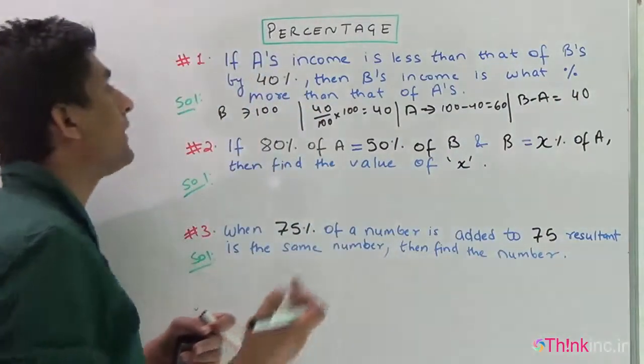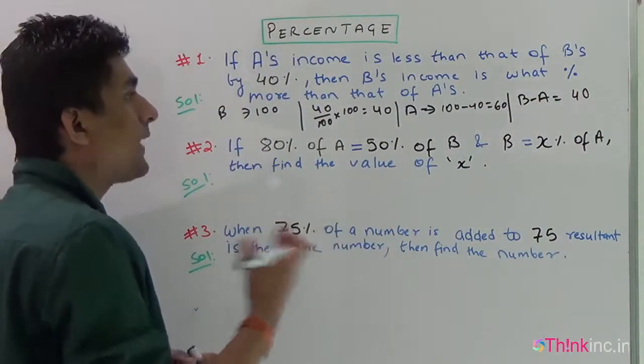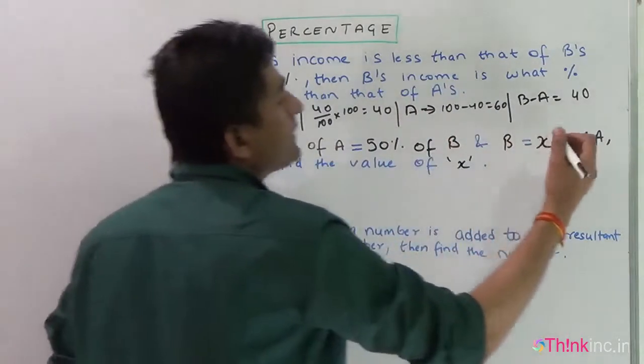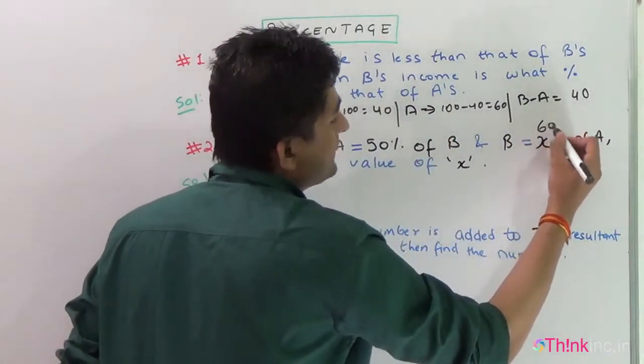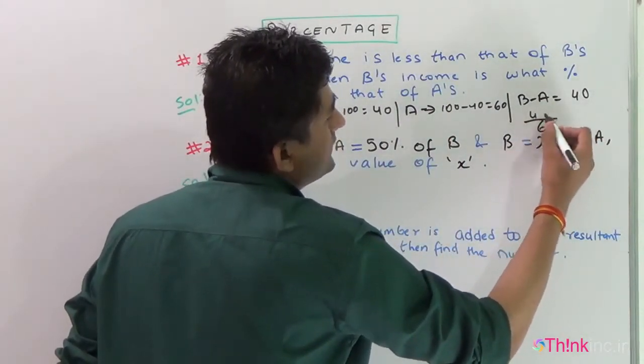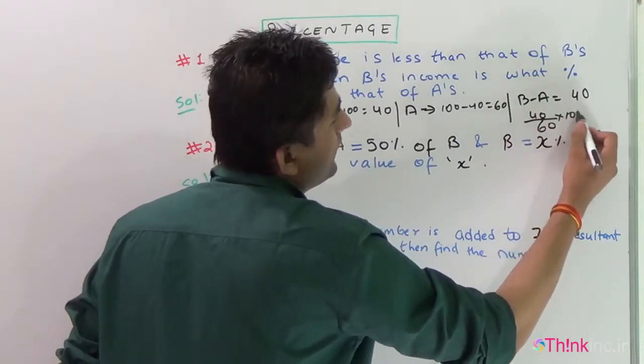Now we have to calculate the percentage with respect to A's income. That means the base should be 60 and this is the extra amount, and it should be calculated like this.